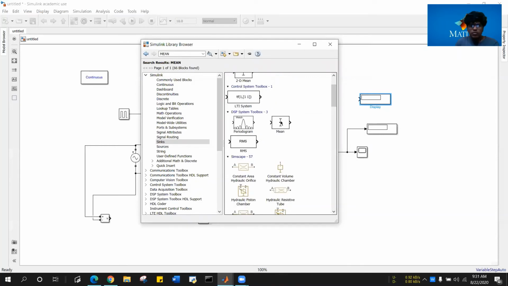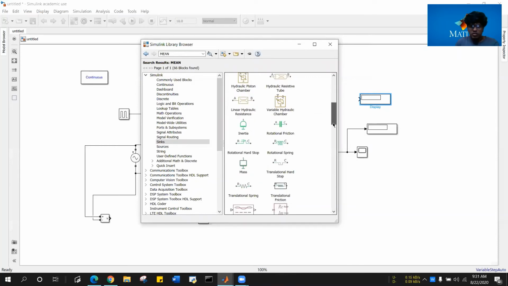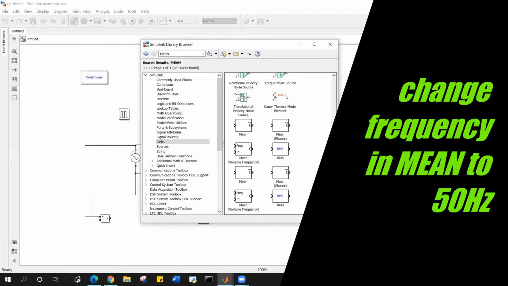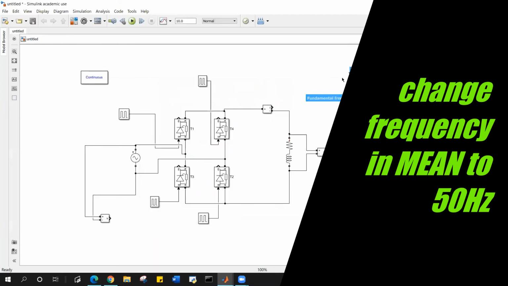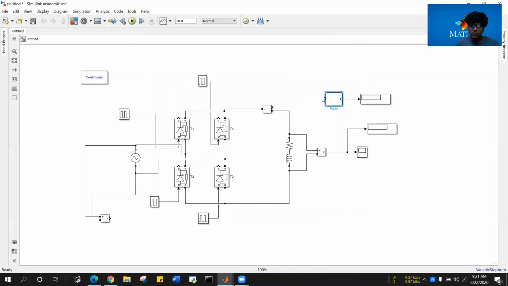Make sure you don't take this mean, right? What you need is this one, connected to this one, and I hope that we are done. Alright, now we'll change the scope values.